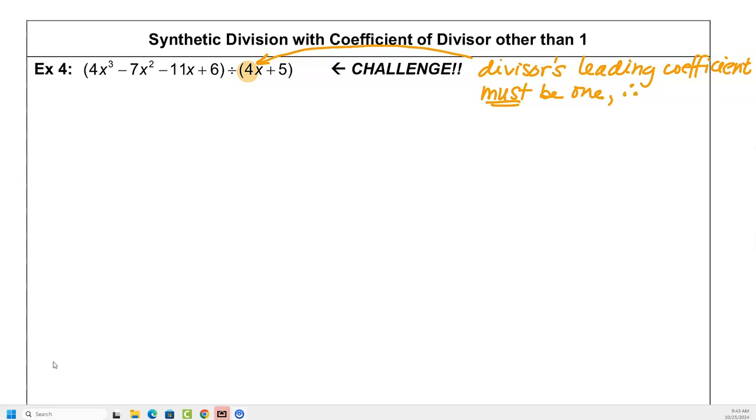Therefore, divide everything by the divisor's leading coefficient.